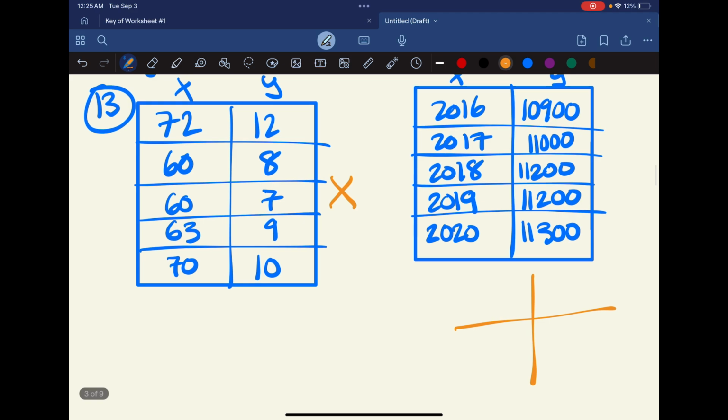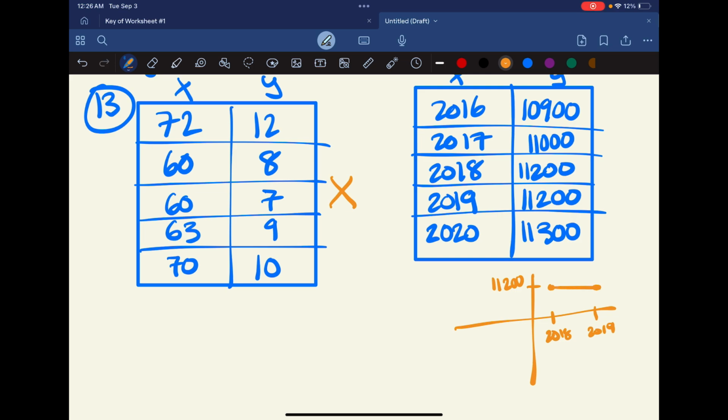so something like this, so let's say, what do we got here, 2018 and 2019, and then we hit 11,200 twice here. So we've got these 2 points on here, so we can do this between the points if we want. We could just go straight line, we could do something like this. All we fail here is the horizontal line test, but the horizontal line test is a completely different thing, right?